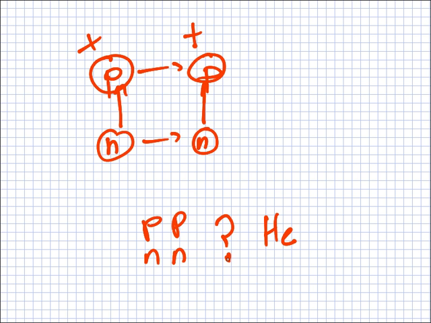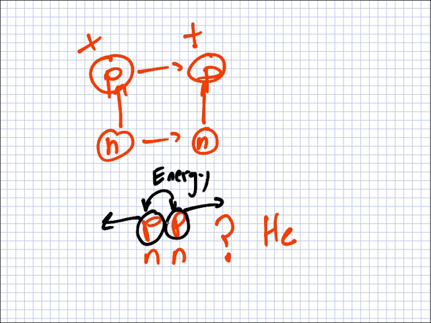So why can they stick? So what happens is the two protons are trying to push away. So there's some energy that keeps them together, like a force that holds them together. But then where did this energy come from? This energy came from taking some of the mass.